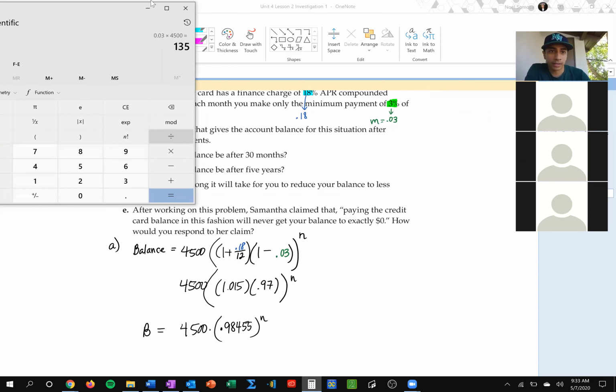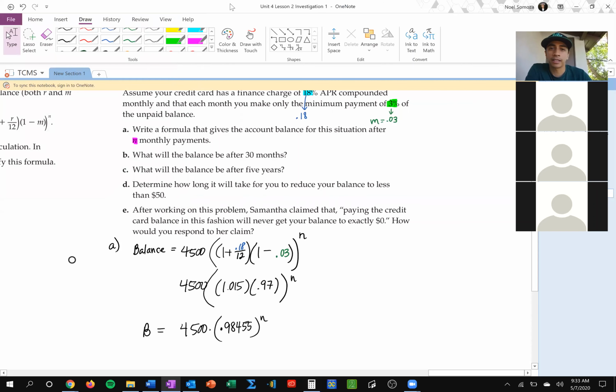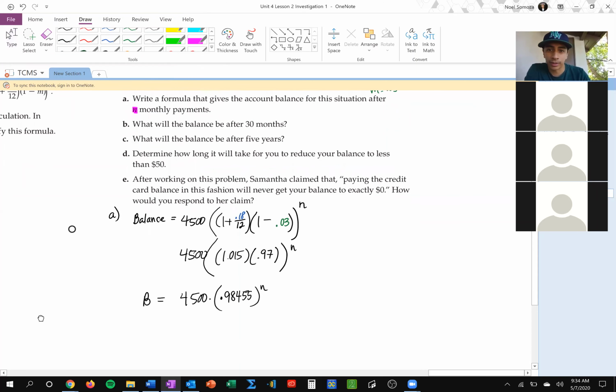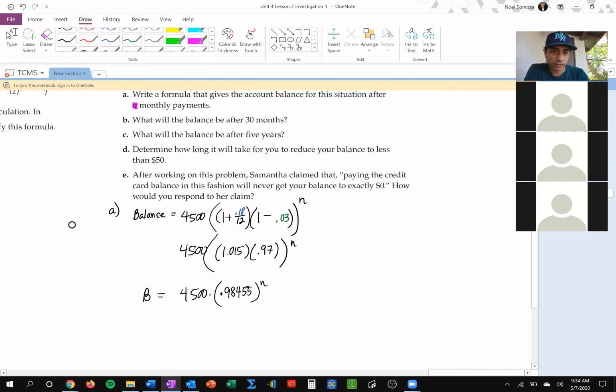But again, it's on a yearly scale, so we'd have to find out how much you owe that month, and then take 3% of that. So I don't think it would be a $135 payment for just 1 month. Next, the balance after 30 months.